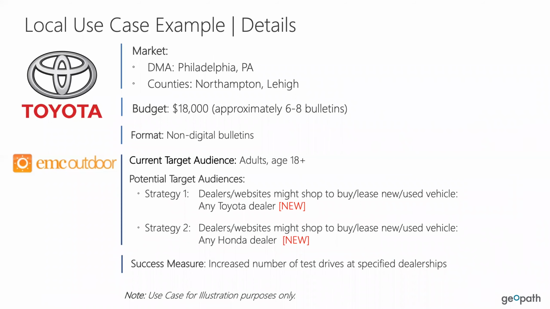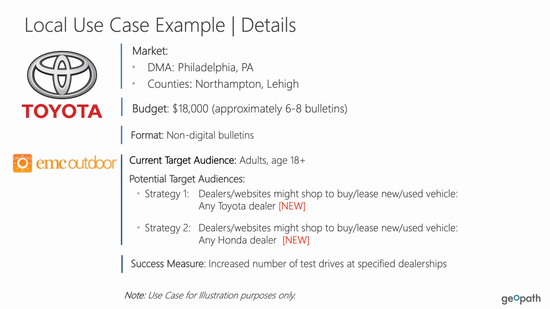And so here's some of the specifics of the use case. Similar to last time, the DMA is the Philadelphia DMA, and counties are Northampton and Lehigh. And then we have a budget that we came up with for this of about $18,000, and non-digital bulletins.